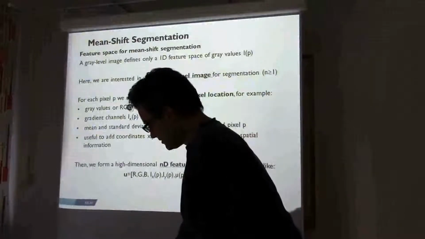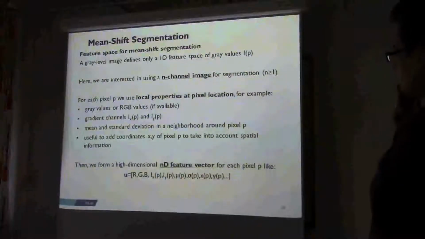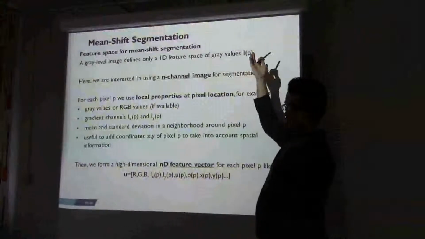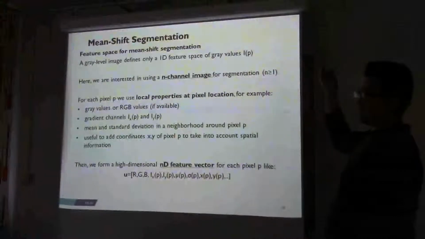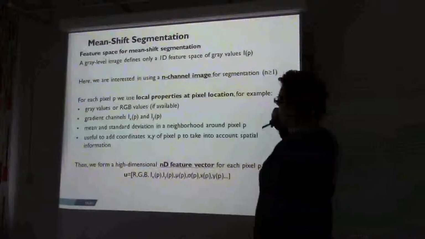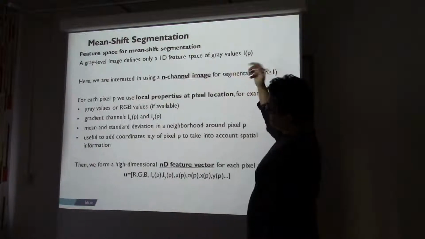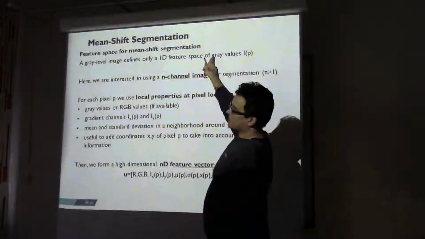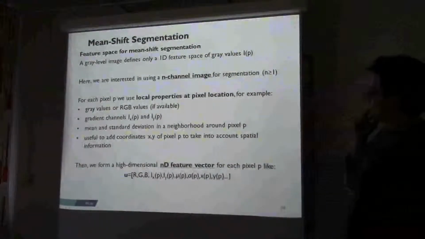Okay, so let's go with more advanced techniques. The mean shift segmentation. With the methods before, we have been using gray level only. This is one problem of the methods that we have seen. It may work in your application, but in many other applications they don't work. So here in this advanced segmentation method, we are interested in using not the gray value only, but different features for each pixel.